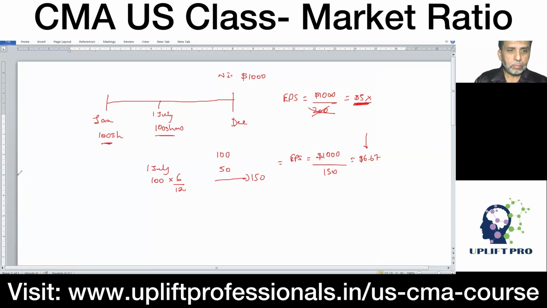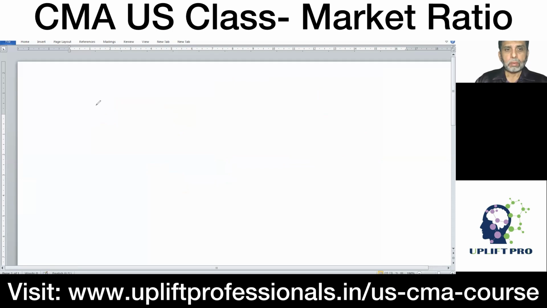Right. Now, another situation. Jan to December. Okay. You started off with 100 shares. On 1st of July, they issued another 100 shares.